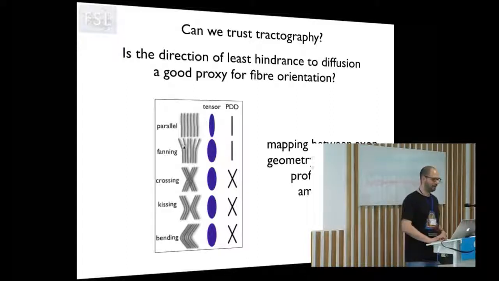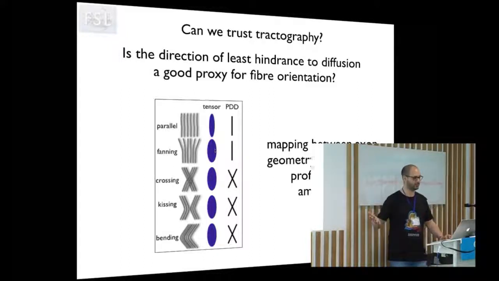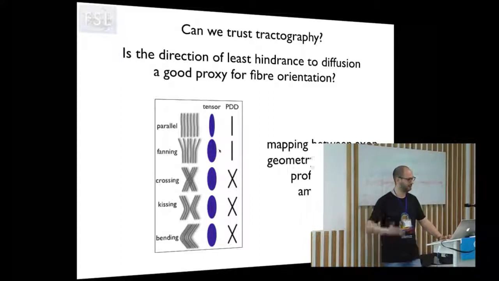But then you complicate things and you start having fibers fanning, and neither the tensor nor the principal diffusion direction that you get out of ball and stick will tell you anything. You get crossing, and the tensor doesn't tell you anything about it, but the ball and stick actually tells you that there are two fiber populations here.